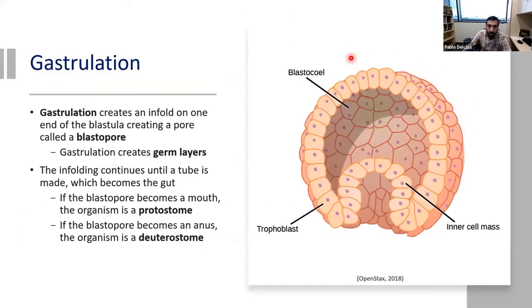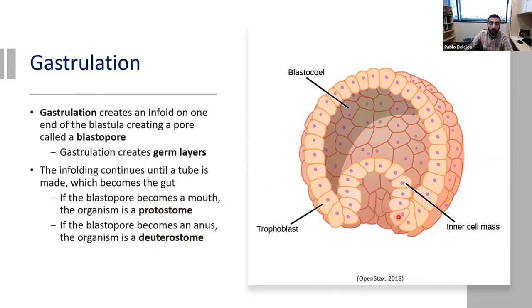Once it's formed this blastula, what happens next is a process called gastrulation, which creates a dent in the ball where it starts to fold in on itself, creating what's called a pore, specifically a blastopore. The fate of the blastopore is one way we divide animals into protostomes and deuterostomes.